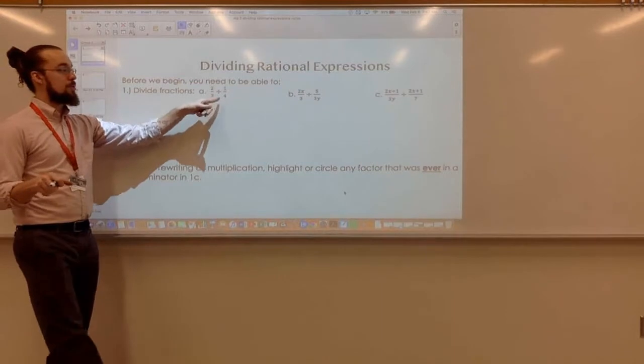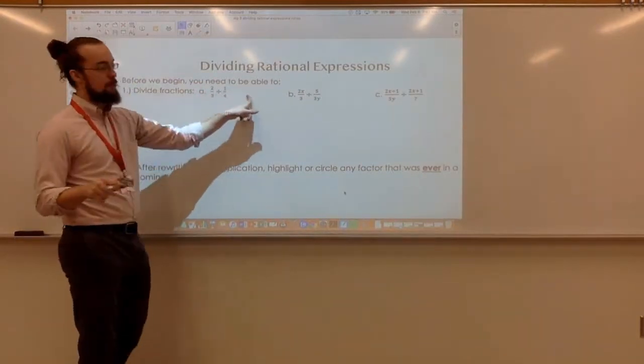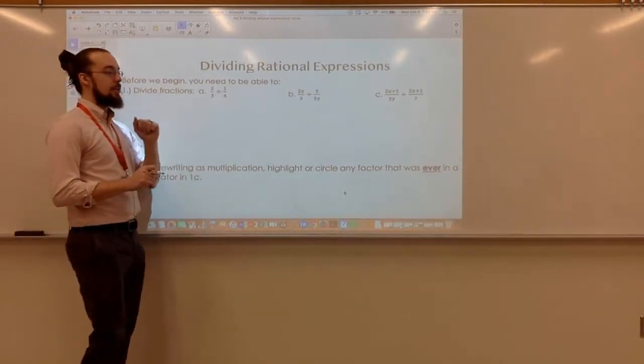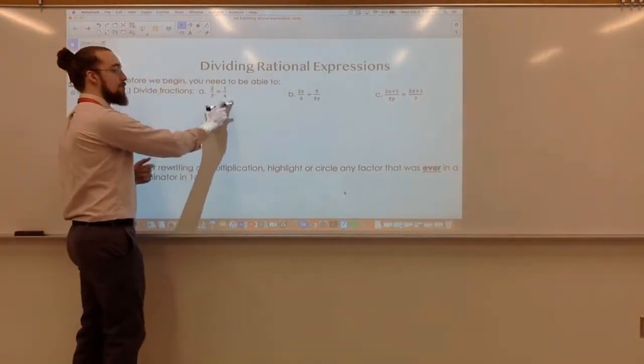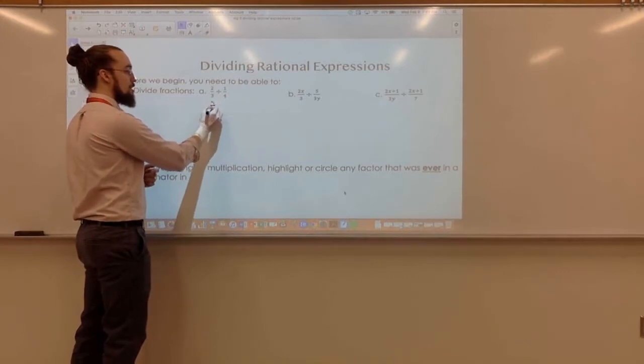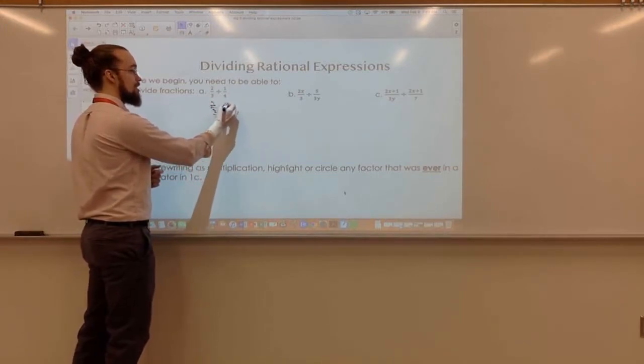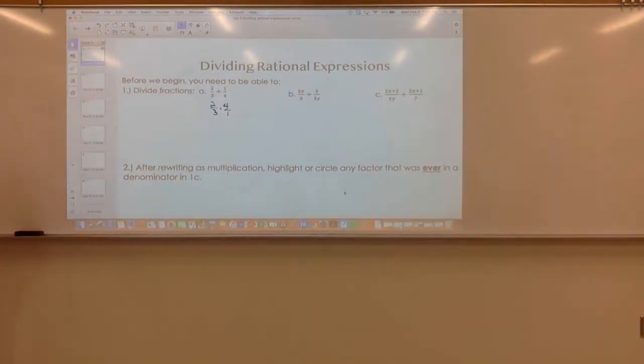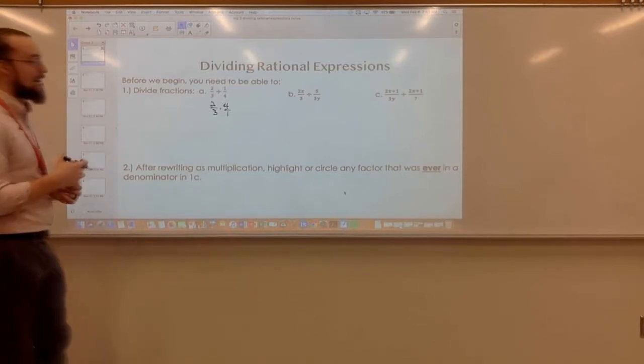So if this were 2/3 times 1/4, I would just multiply the numerators, multiply the denominators. But if I'm dividing fractions, what do I do? We have to flip the second fraction. Right? So 2/3 divided by 1/4 is the same thing as 2/3 times 4/1.